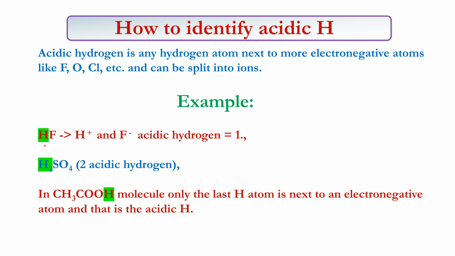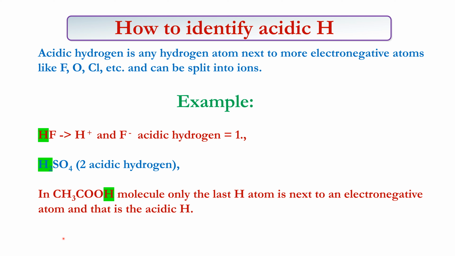This H is attached to fluorine, which is a more electronegative atom. So when HF dissociates, it will form hydrogen ion and F with a negative charge. Another example is H2SO4, which has two acidic hydrogen.